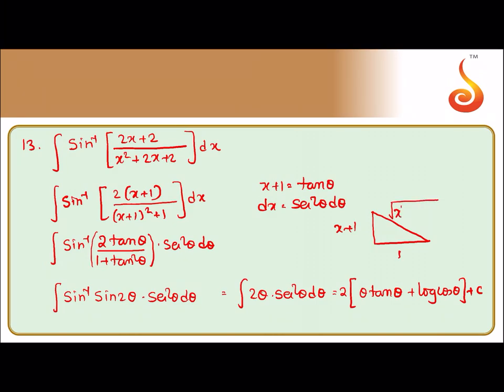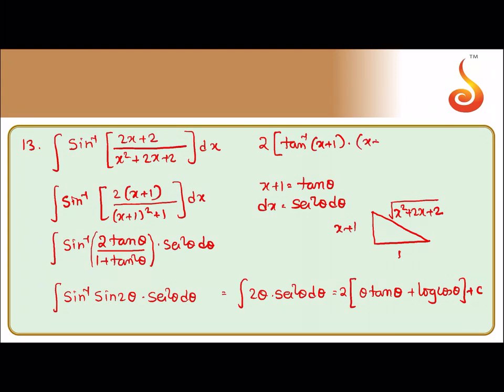So we know that this is x plus 1 and this is 1. Obviously this will be under root of x square plus 2x plus 2. Now from this we substitute here. If we substitute here, I will write here only.